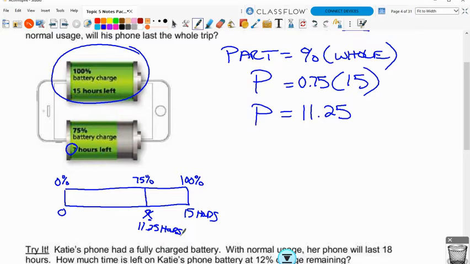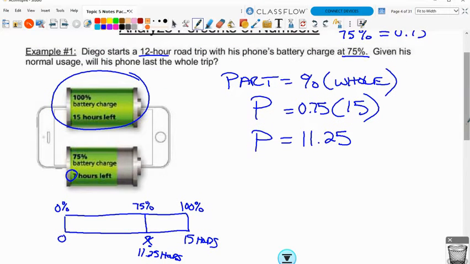So remember, his trip is 12 hours long. Will his phone last the entire time? Well, not if it's only going to last 11 and 25 hundredths hours, okay?